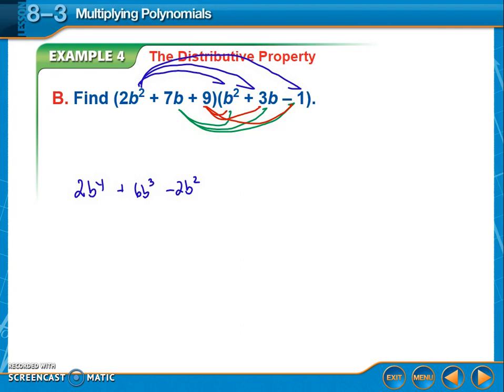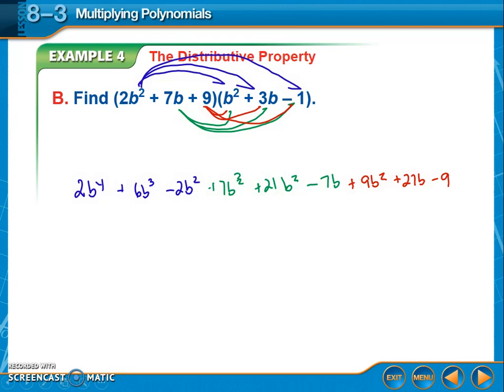So 7b times b squared is 7b cubed. Okay, 7b times 3b is 21b squared, and 7b times negative 1 is minus 7b. And then my red part, 9 times b squared is 9b squared. 9 times 3b is 27b, and 9 times negative 1 is negative 9.